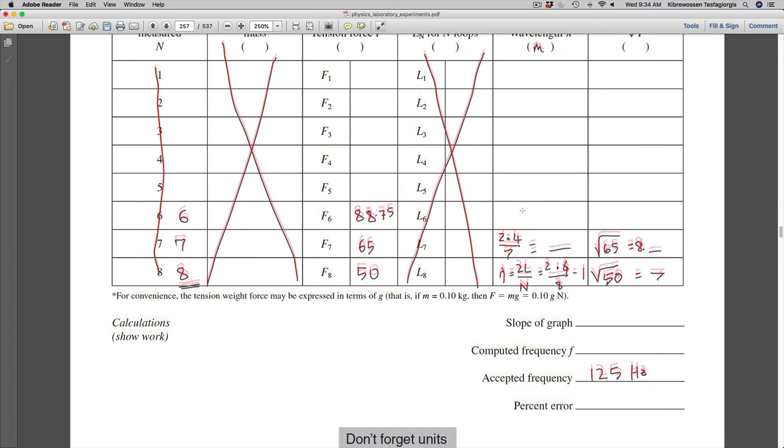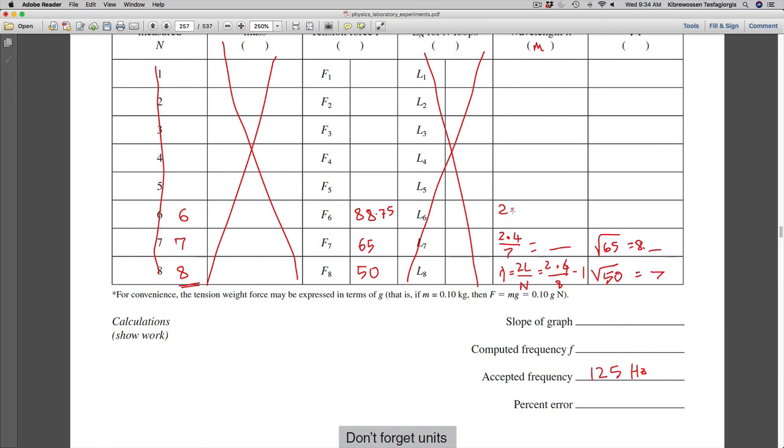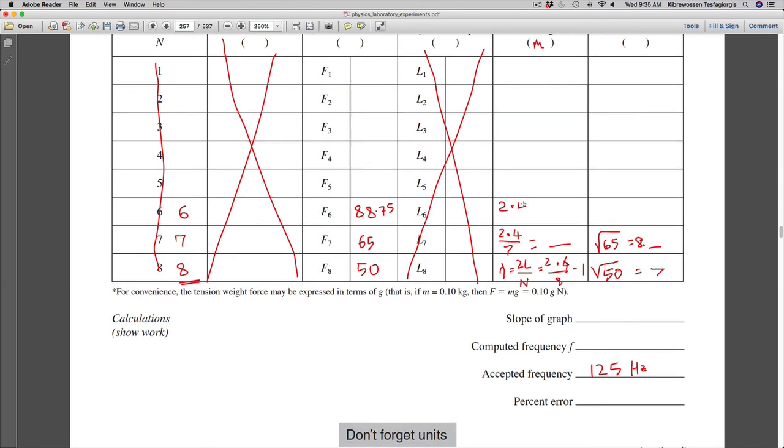Okay, so try to collect at least 5 or 6 data points just for this experiment. Then you find the wavelengths. Again, the wavelength is simply 2 times 4 divided by the number of loops that you created. In this particular case, it's 6.